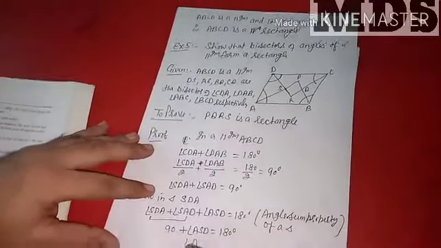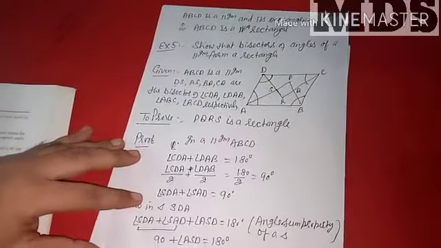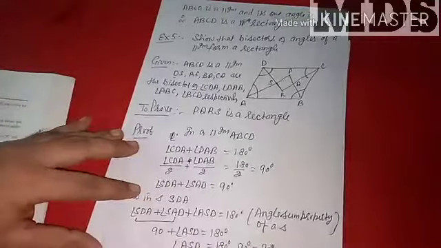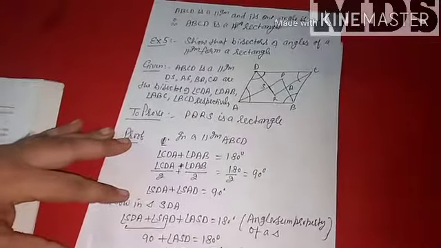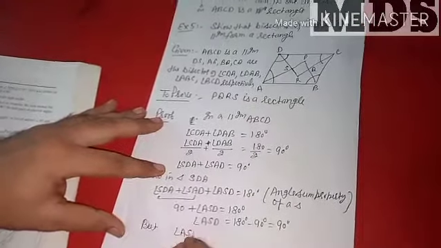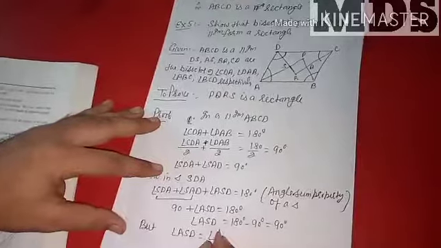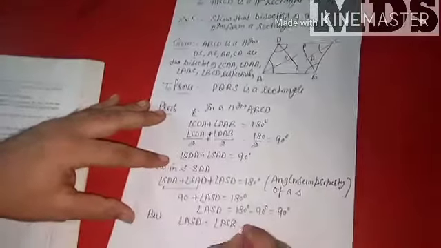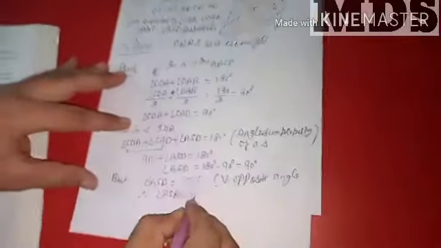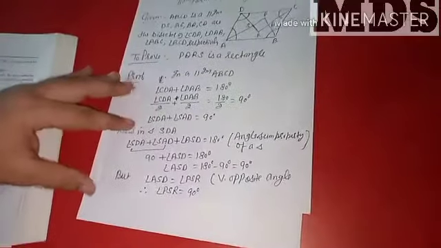So angle ASD is equal to 180 minus 90, how much? 90 degrees. But angle ASD is equal to angle PSR. Why? Vertically opposite angles. Therefore angle PSR is equal to 90 degrees. Understood?